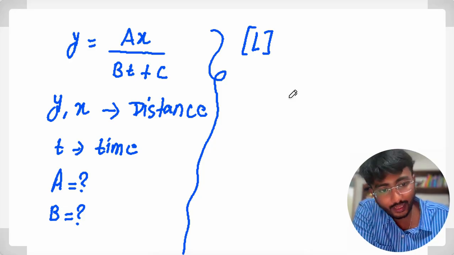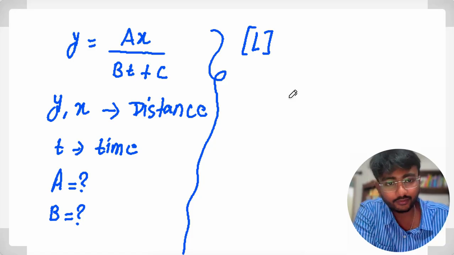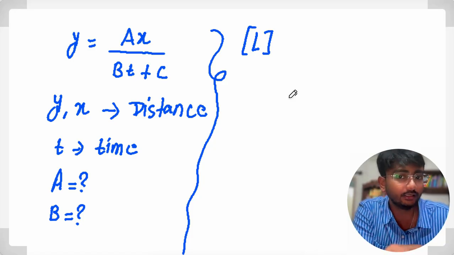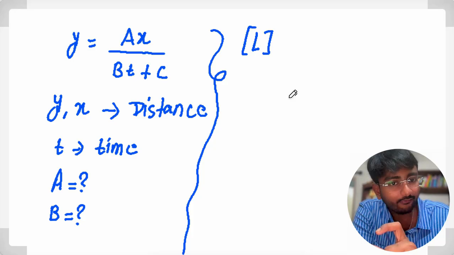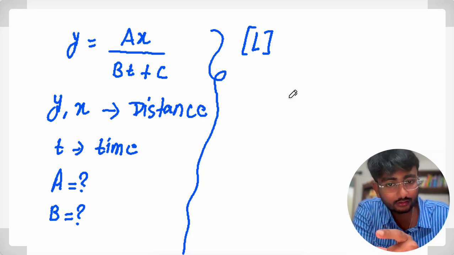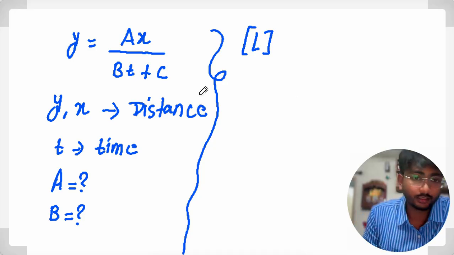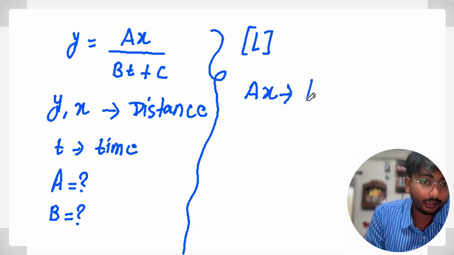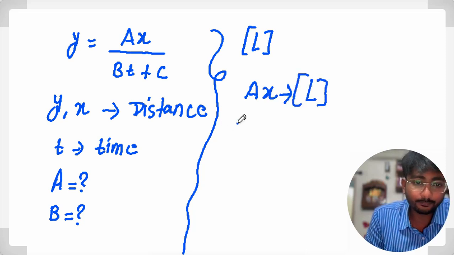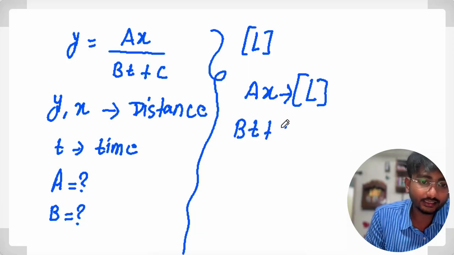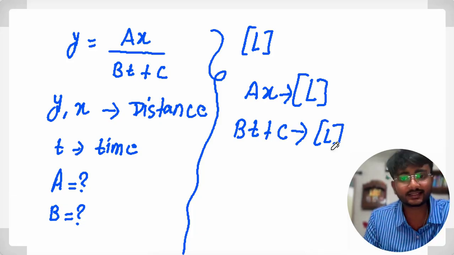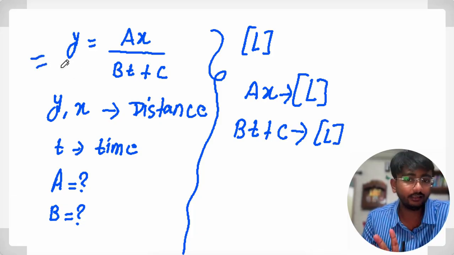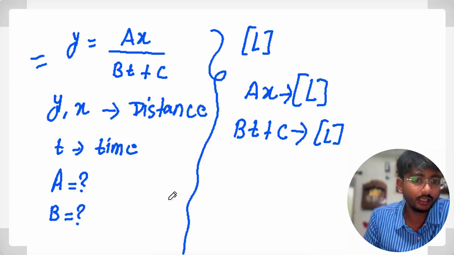So if y is the distance, the dimension of y will be the length L. So the dimension of the right hand side will also be L, right? That means the dimension of ax will also be L, and the dimension of bt plus c will also be L. Then only this equation will be considered correct, right?